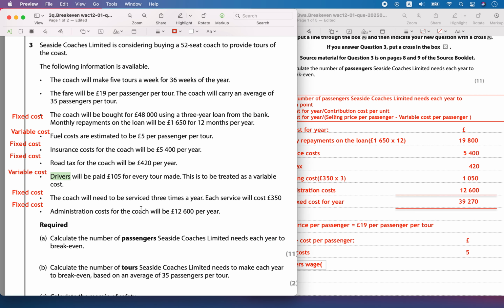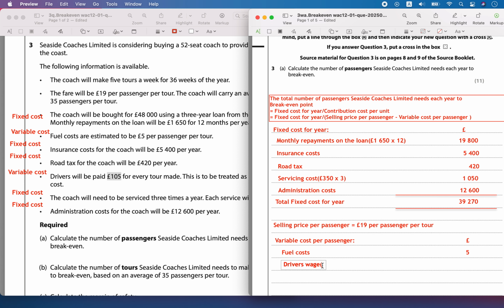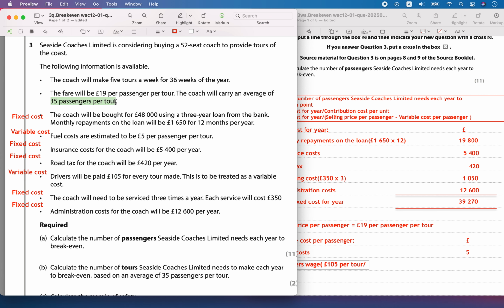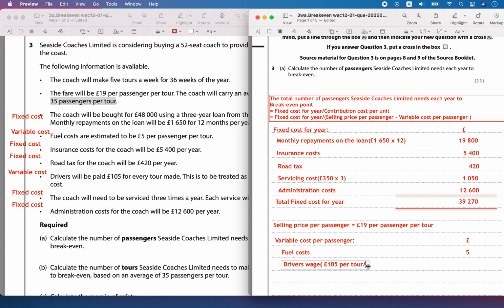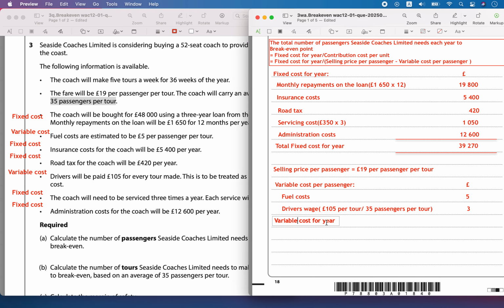Here we can see that they are carrying 35 passengers per tour. So the driver wage per passenger is 105 divided by 35, which is 3 pounds. Variable cost per passenger is therefore 8 pounds per passenger.